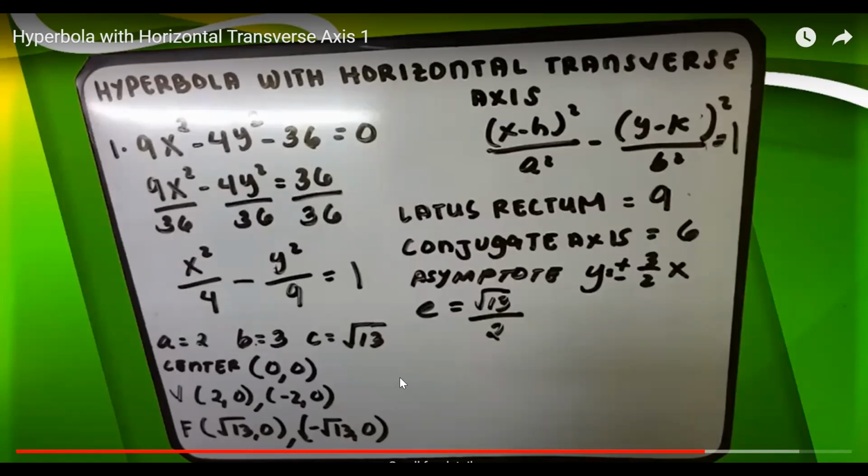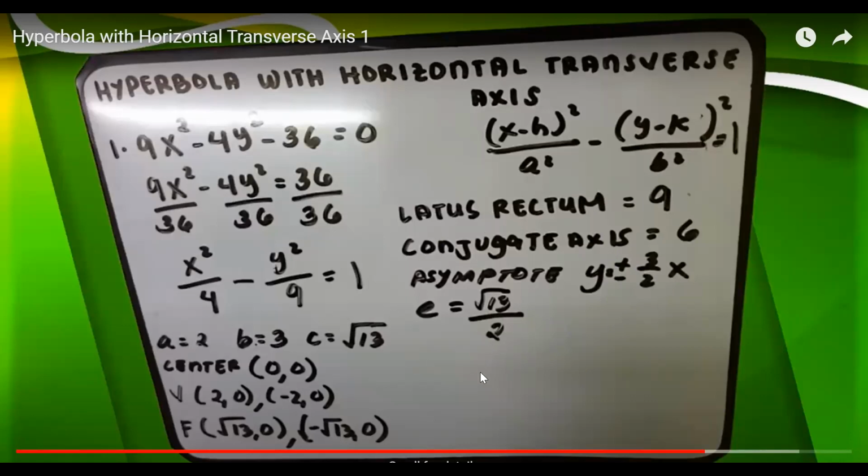So that is square root of 13, 0 and negative square root of 13, 0. And then for the Lattice Rectum, we just perform the operation, and then the length is 9. For the Conjugate Axis, again, that is 6. And then for the equation of the asymptote, that is y is equal to positive negative 3 halves x. And then for the eccentricity, that is square root of 13 over 2.